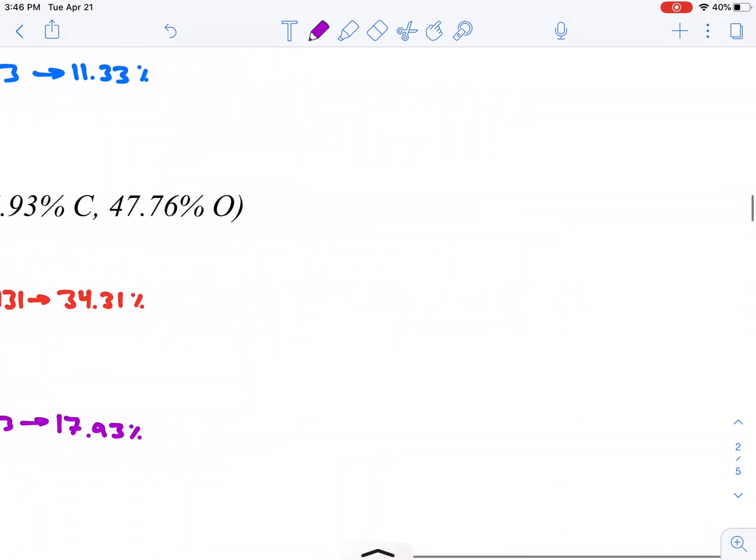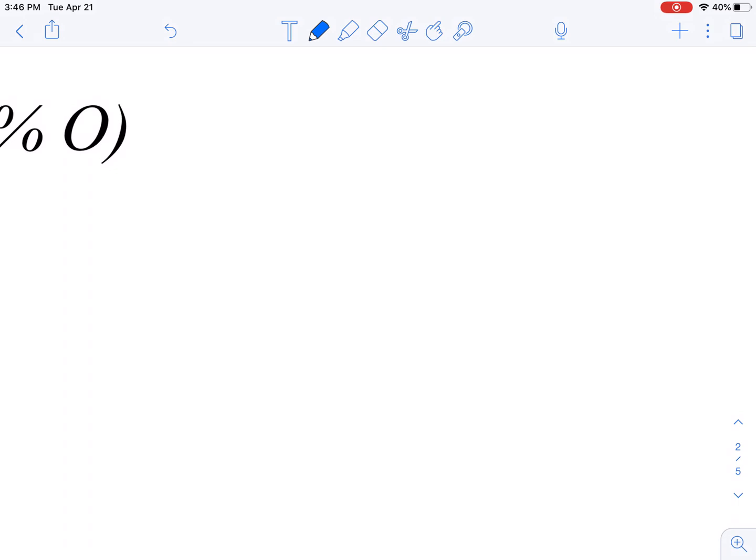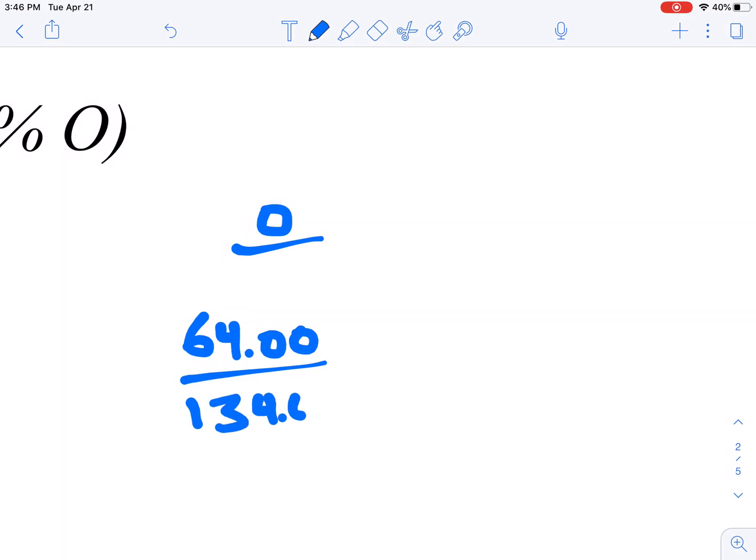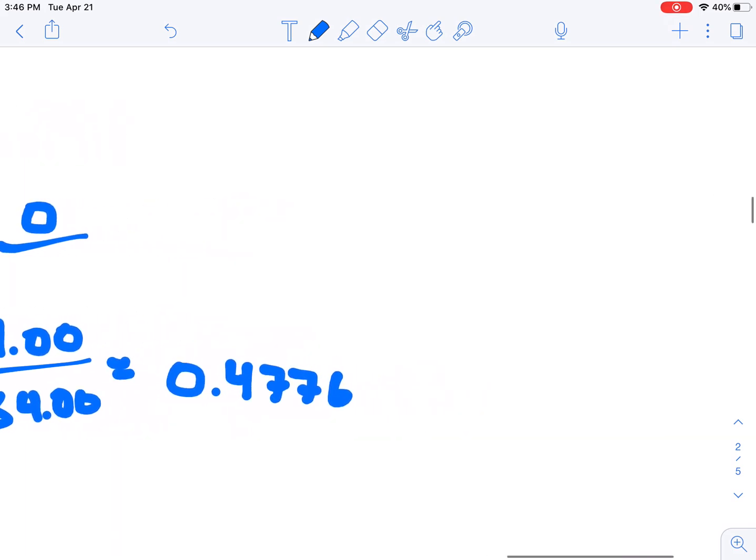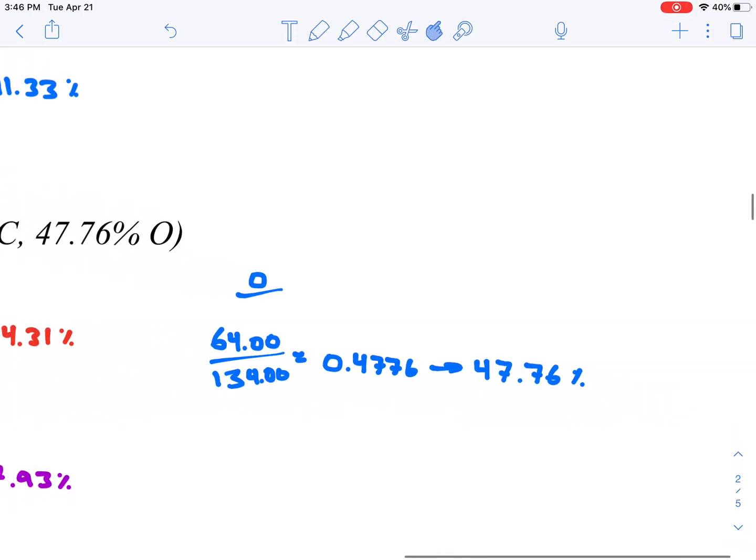And finally, for oxygen, we said had a mass of 64 over the grand total of 134. That will equal 0.4776 or 47.76% oxygen from this compound.